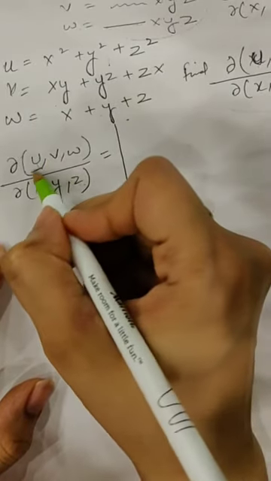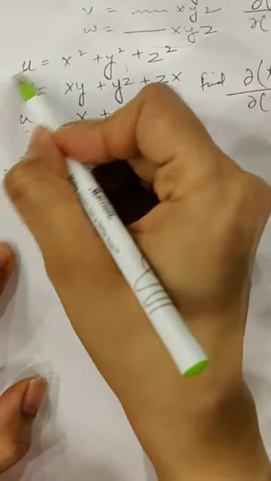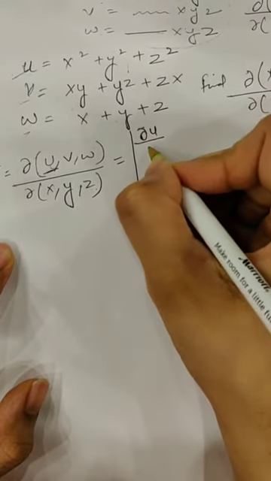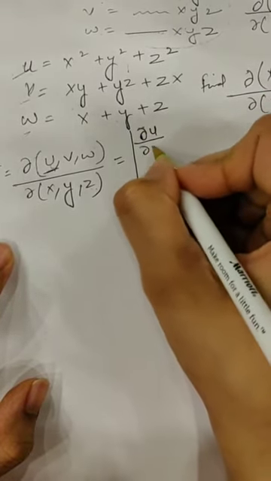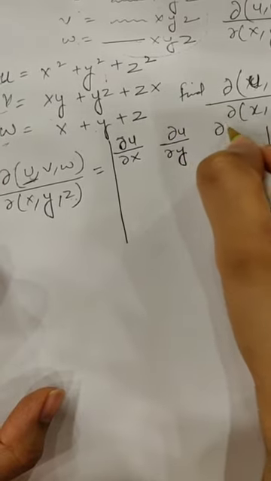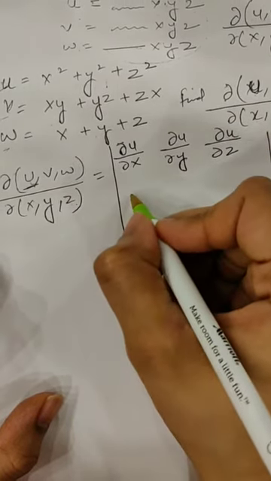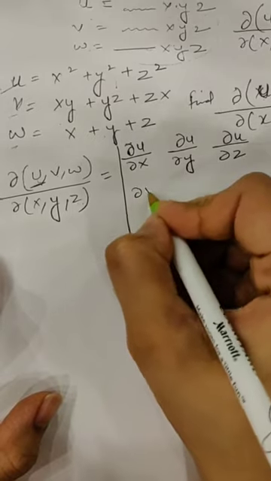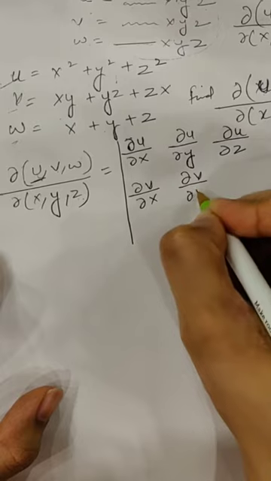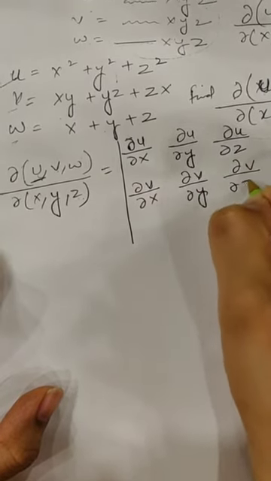The variables are u, v and w. Let's take the first variable, u. The first row is the partial derivative of u with respect to x, partial derivative of u with respect to y, and partial derivative of u with respect to z. The next row consists of the partial derivative of v with respect to x, dou v by dou y, dou v by dou z.